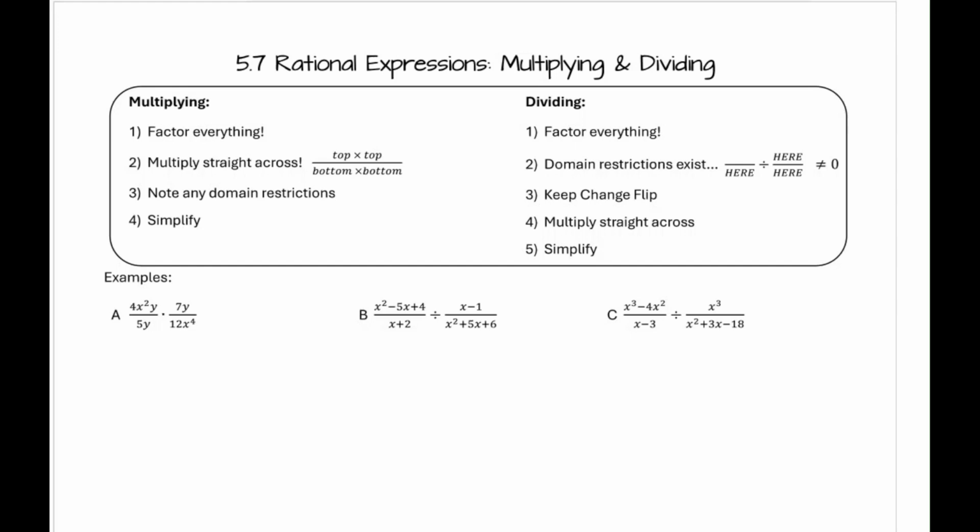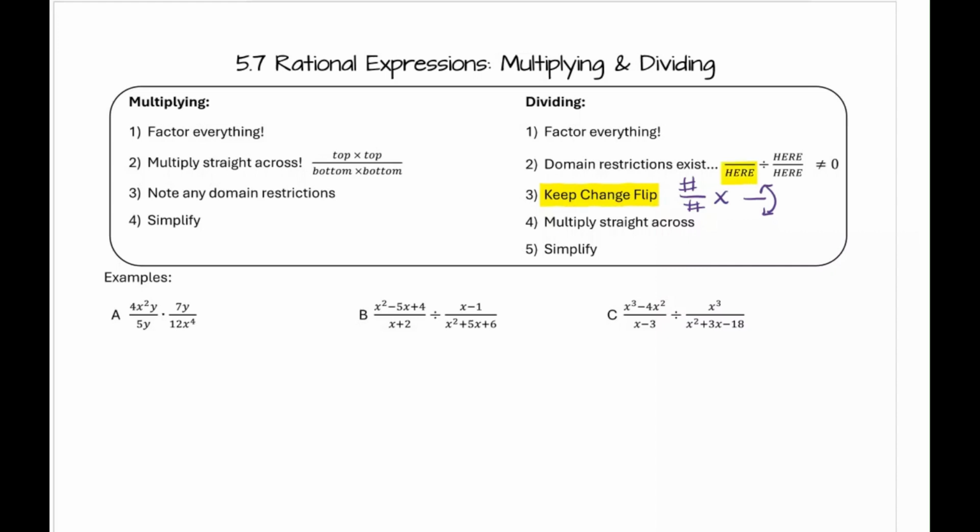For this one, it's a little weird because we are going to keep, change, flip. So that means keep the first fraction, and then change it to multiply, and then you're going to flip the second fraction, okay? Because you're flipping a fraction, your domain restrictions, you're not allowed to have a 0 in the denominator.